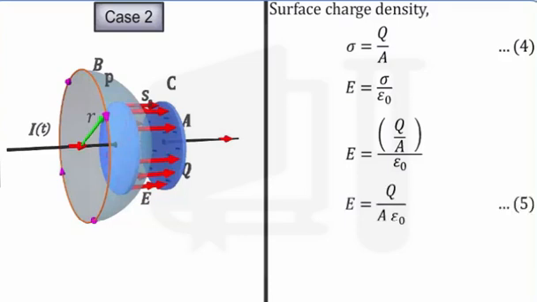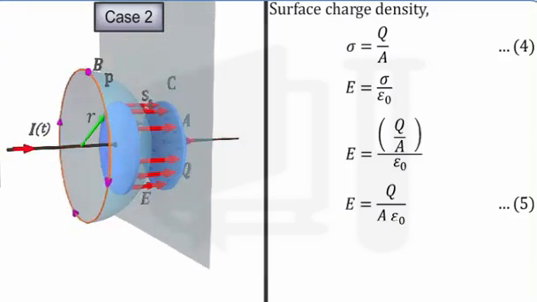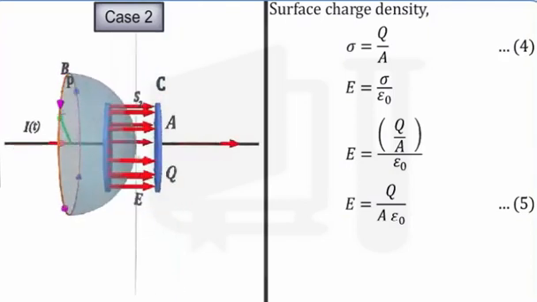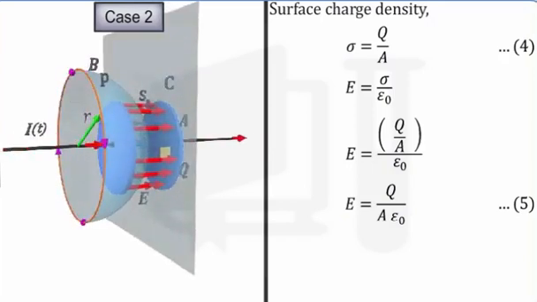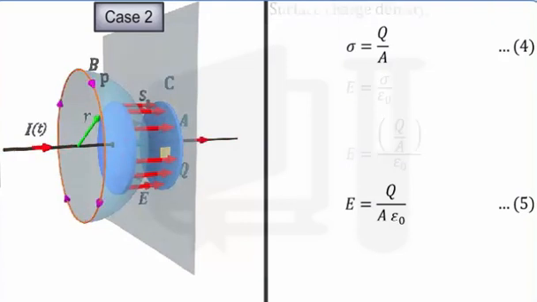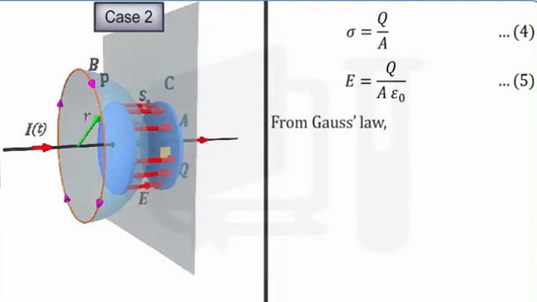Here, the electric field is perpendicular to the plane of the bottom surface of S2. Hence, the area vector of the bottom surface of S2 and the electric field are in the same direction, and maximum electric flux passes through the surface. We know that from Gauss's law, the electric flux through the surface, phi E, is equal to EA.